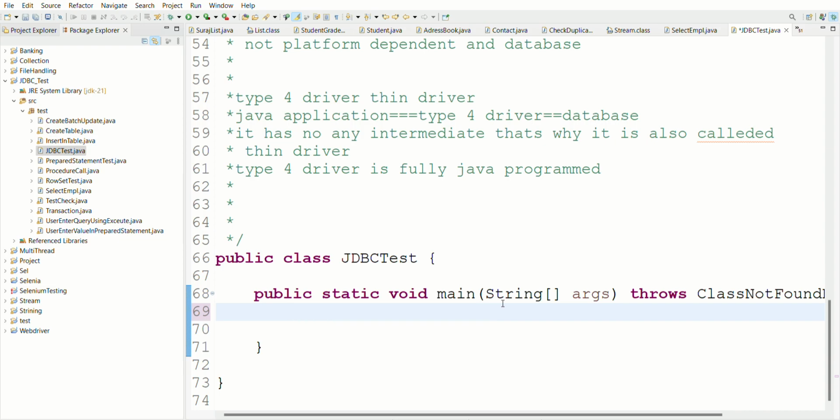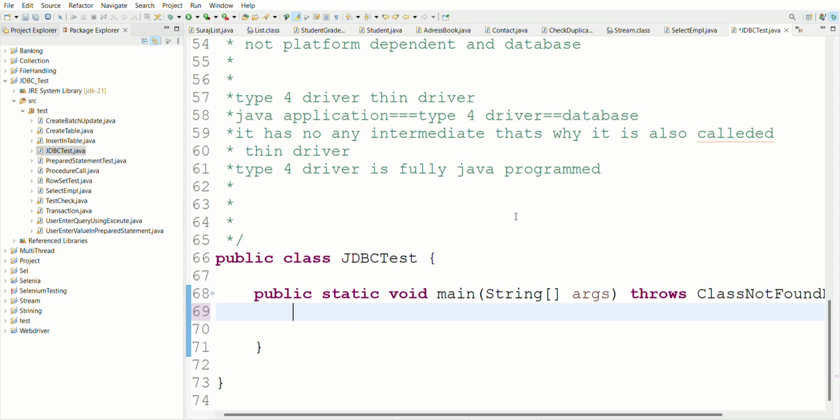If you want to load the class, it's all on you. Whether you load it or not, it doesn't matter. Previously it was recommended to load the class, but now it is not recommended, because it is just optional.